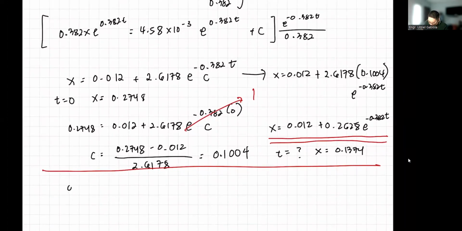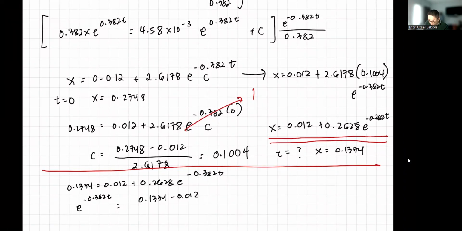Okay, so 0.1374 is equals to 0.012 plus 0.2628 e negative 0.382t. So, algebra na lang to, no? Sige, i-simplify muna natin. Isolate natin yung e. That will be equal sa 0.1374 minus 0.012. Divide natin ng 0.2628.